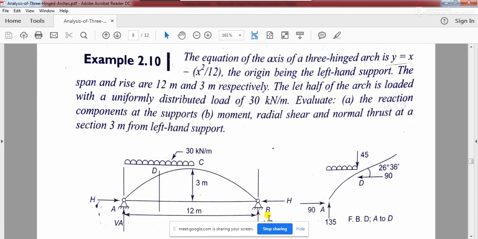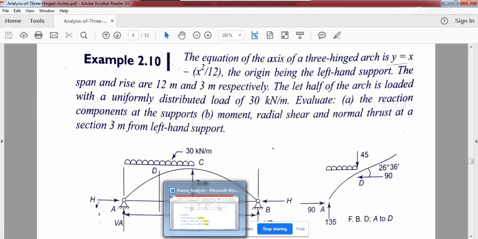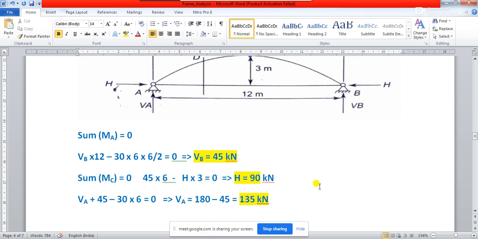So the equation is very simple, y is equal to x minus x squared by 12, right?